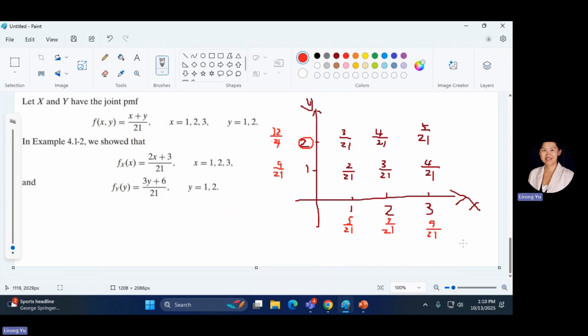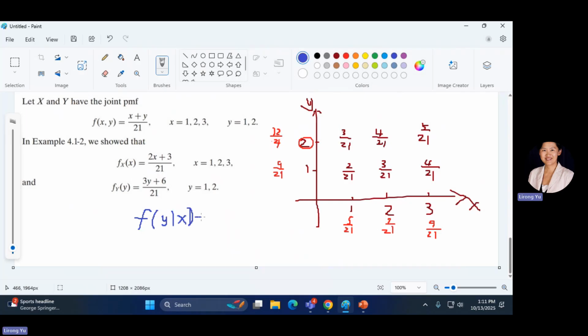So what will happen for the conditional distribution? For example, we calculate y conditional on x.